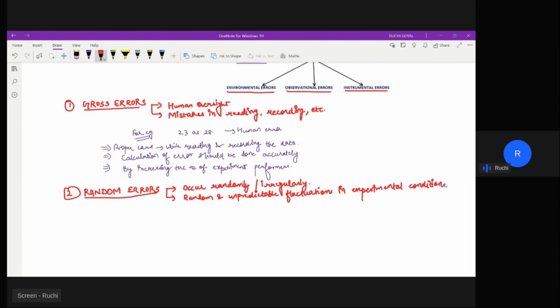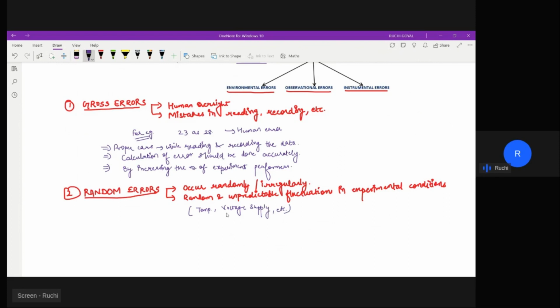So which fluctuations are we talking about? We are talking about fluctuations like when we are measuring temperature, the temperature will fluctuate. Suppose we are measuring voltage, the supply will fluctuate. So these will be the random and unpredictable fluctuations.